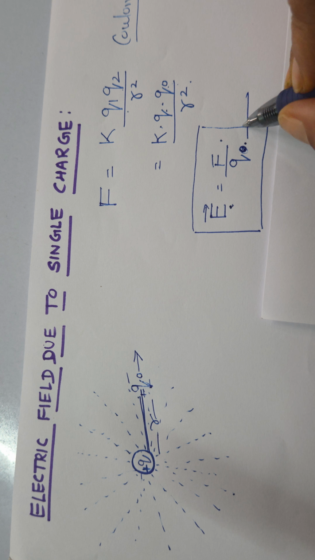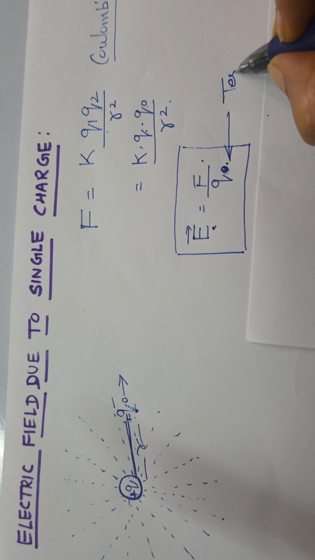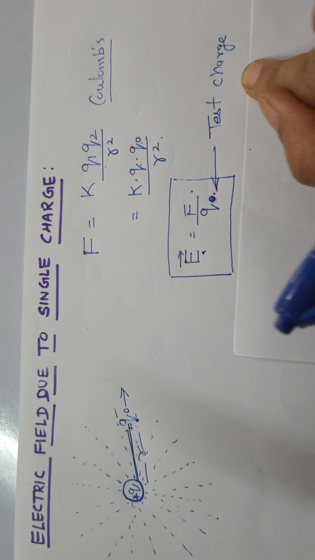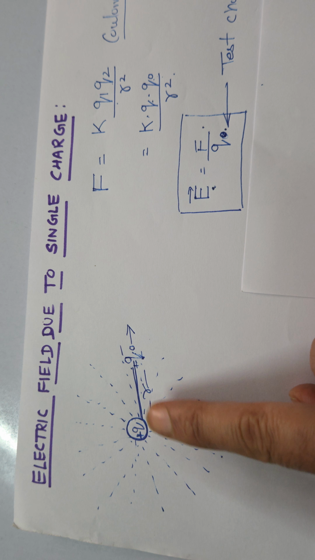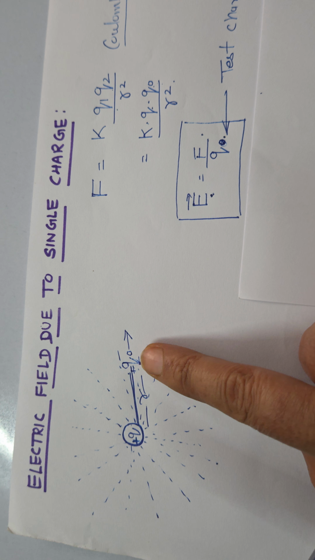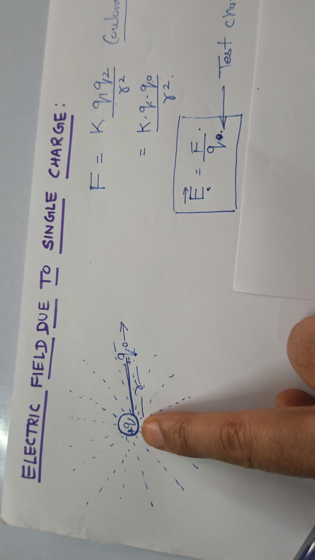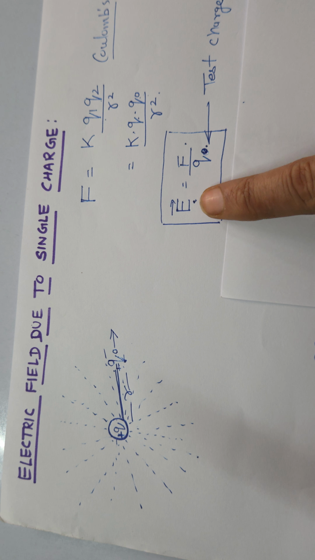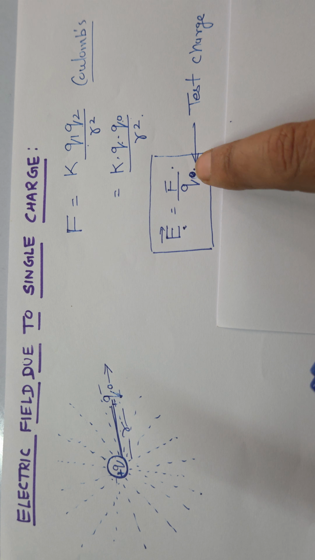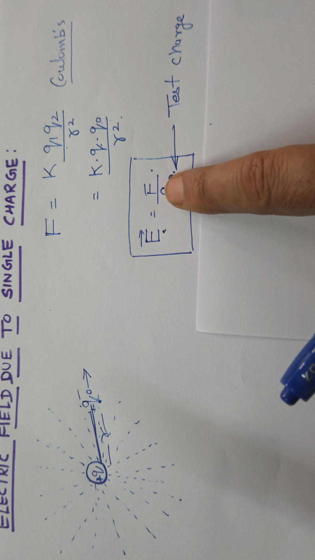This charge has to be the test charge, the charge which is experiencing force. Among these two charges, the one experiencing force is q naught, not the source. The source is creating the field. So in this definition, electric field intensity is force by charge, where the charge is the test charge.